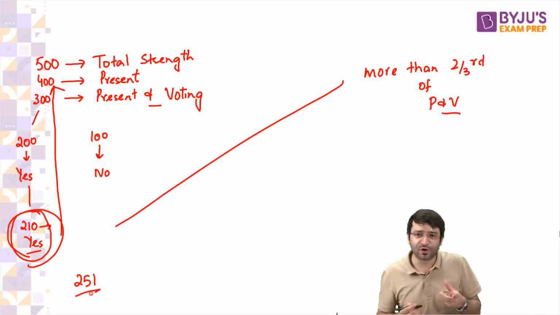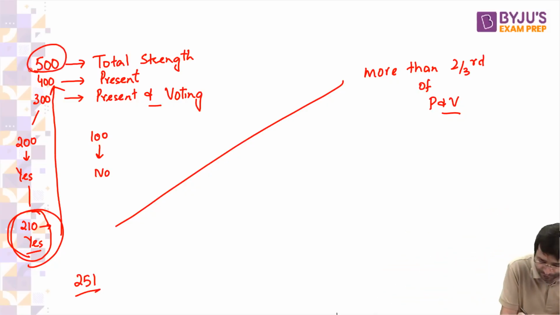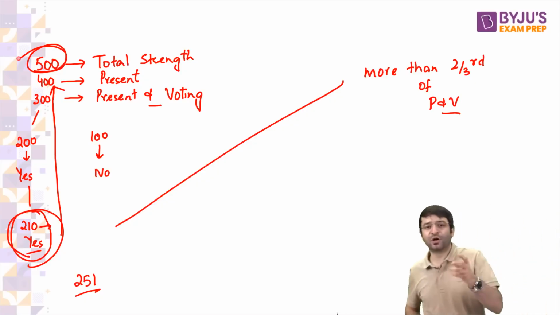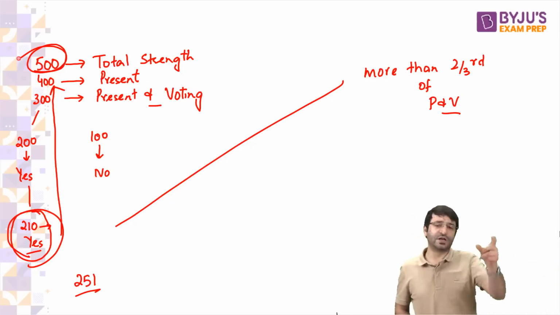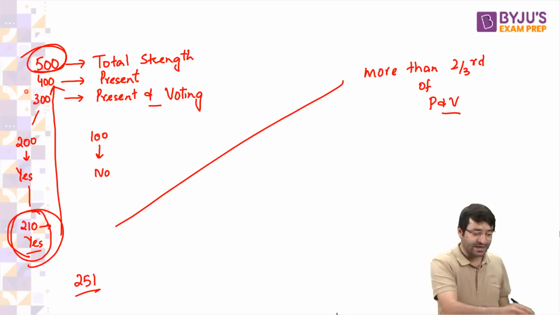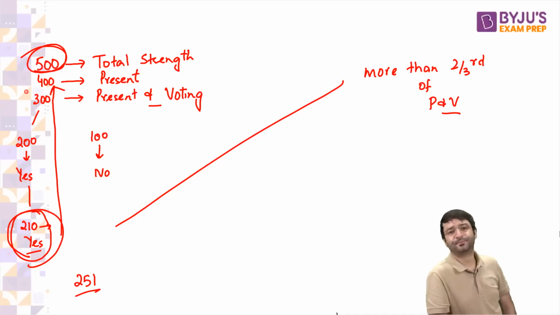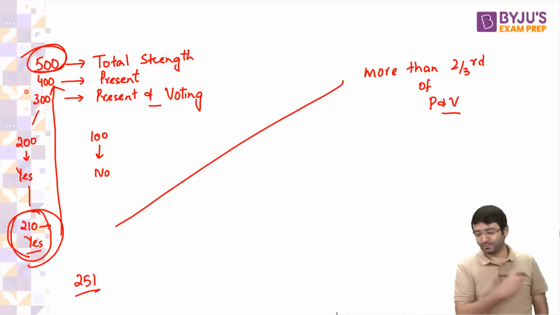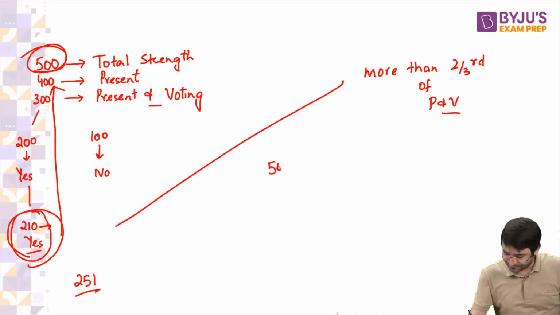Because what is absolute majority? More than half of the total strength of the House. Majority of the total strength of the House, which is 251 in this case, if 500 is the total strength. Let's assume that 543 is the strength of Lok Sabha.